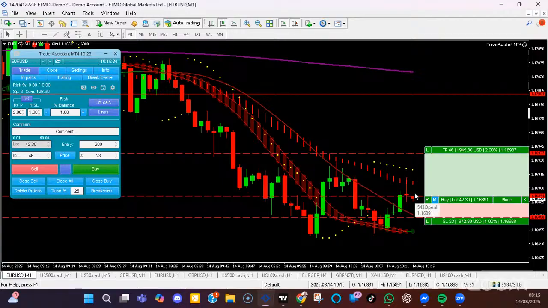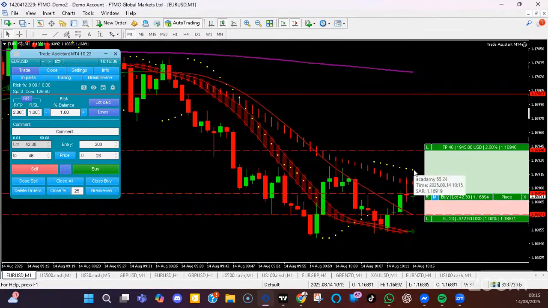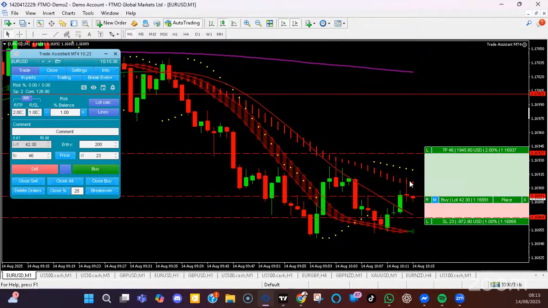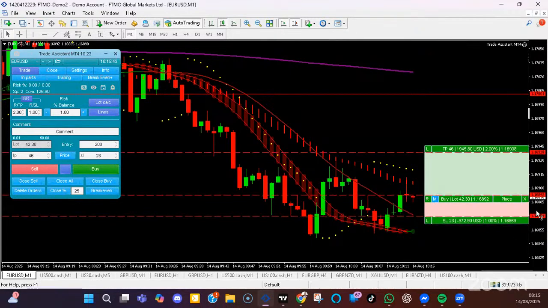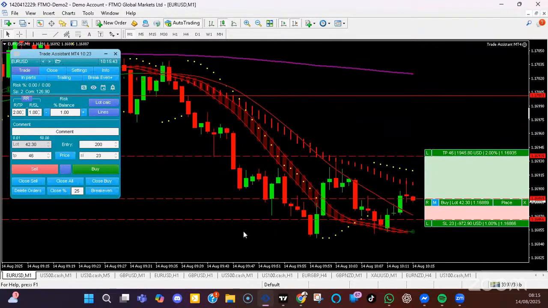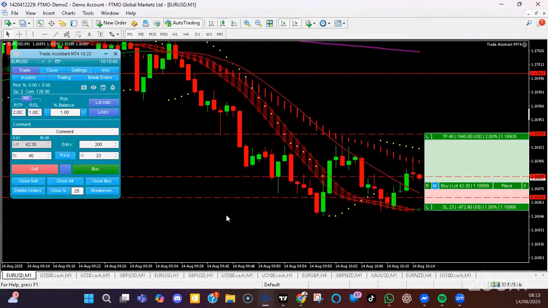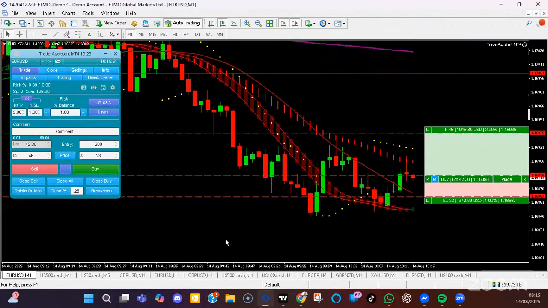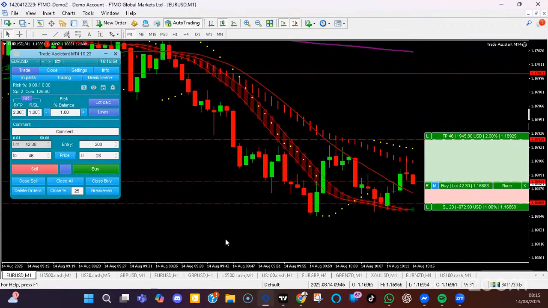Price has got to get up there at least to push that parabolic SAR down below. All these have got to go green. But because we're on the minute time frame, these things can happen relatively quickly, especially as now London is open.